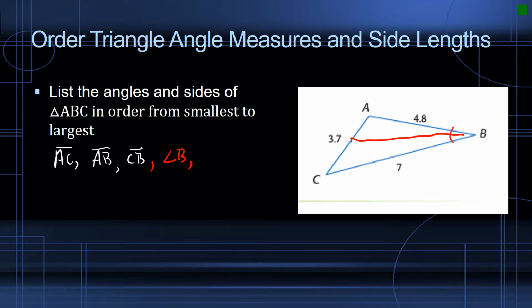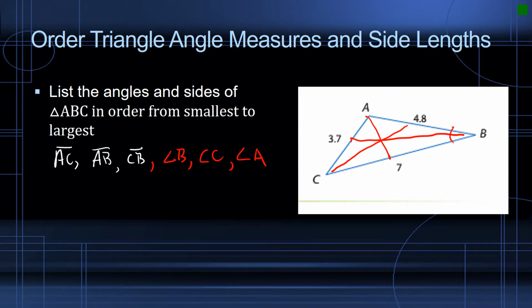And segment AB is opposite angle C, so that would be the next smallest angle, going smaller to larger. And angle A is opposite side CB, and so then the largest angle is going to be angle A.